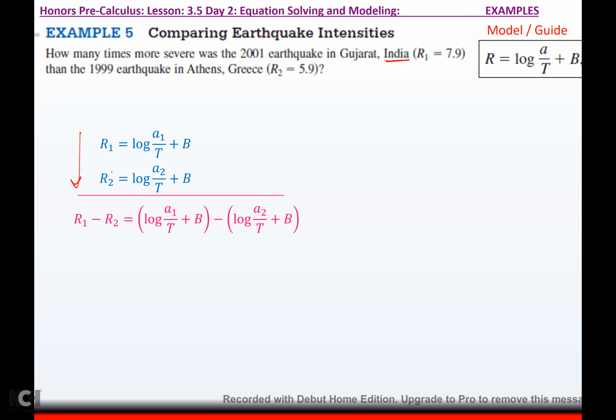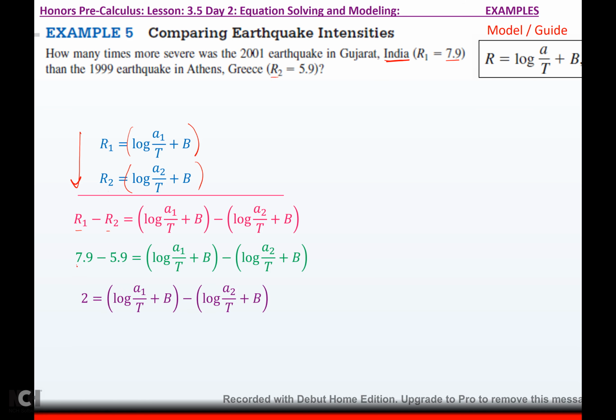I could do subtraction, so I'd have R1 minus R2 equals all of this minus all of this, correct? Then I can replace my R1 and R2 with what they told me. R1 was 7.9, R2 was 5.9, and 7.9 minus 5.9 is 2.